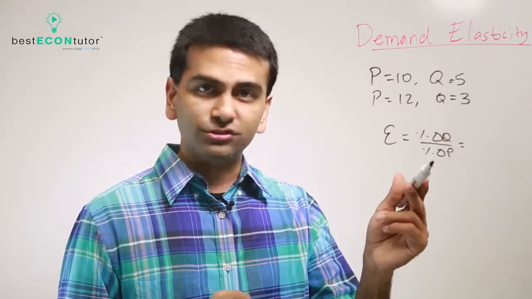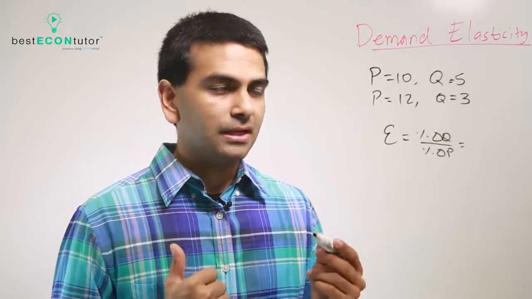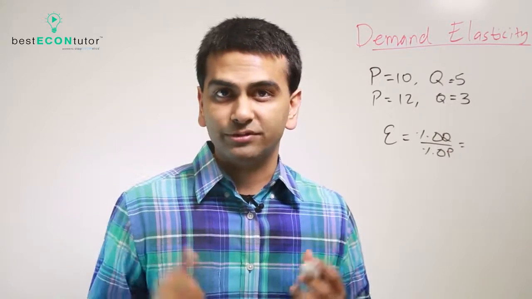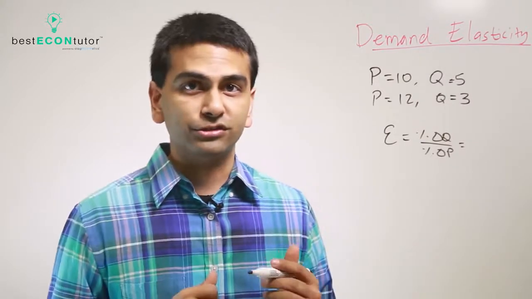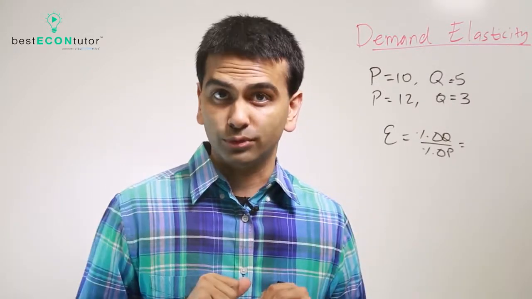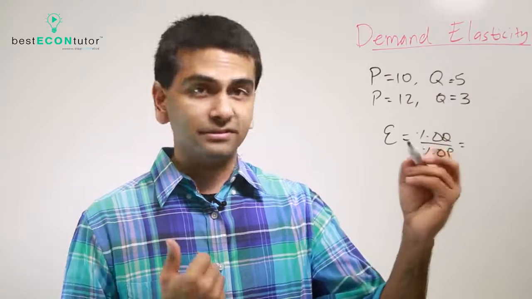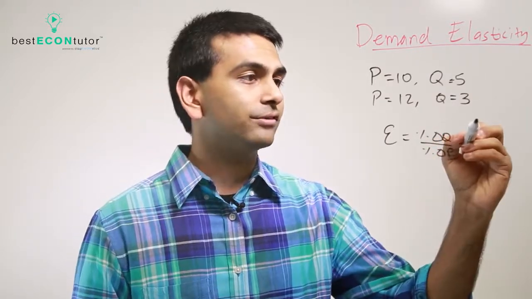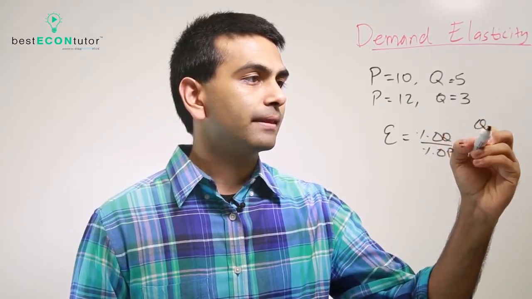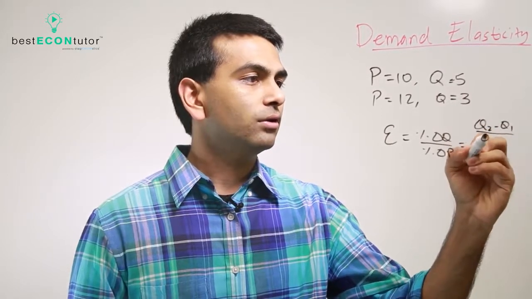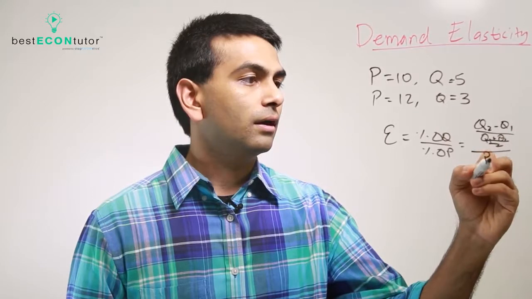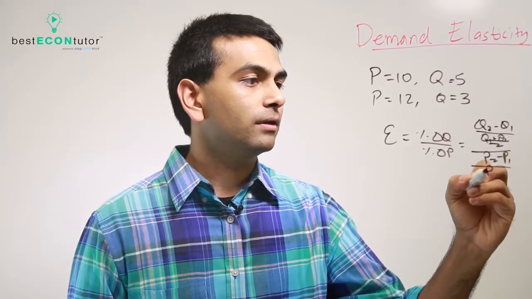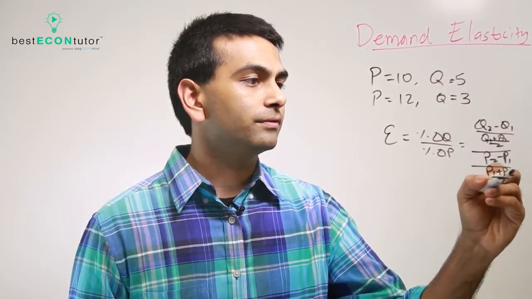Now we know it's percent change in Q over percent change in P, but how do you actually calculate percent change? Well, here's where what most econ instructors use is what's called the midpoint rule. The midpoint rule is basically saying that this could be simplified as (Q2 minus Q1) over ((Q1 plus Q2) over 2), all over (P2 minus P1) over ((P1 plus P2) over 2).